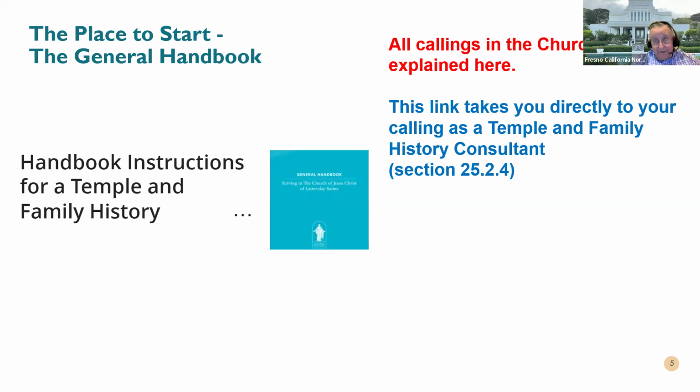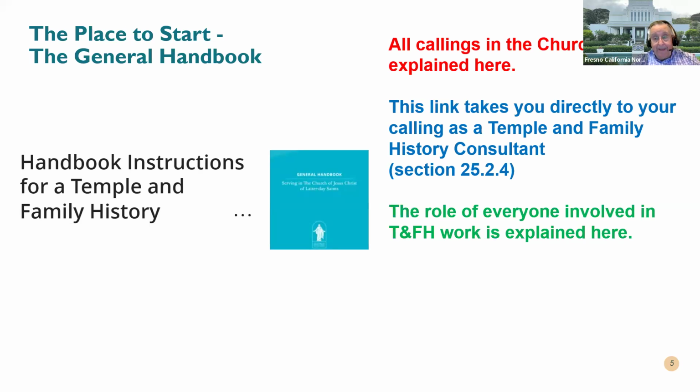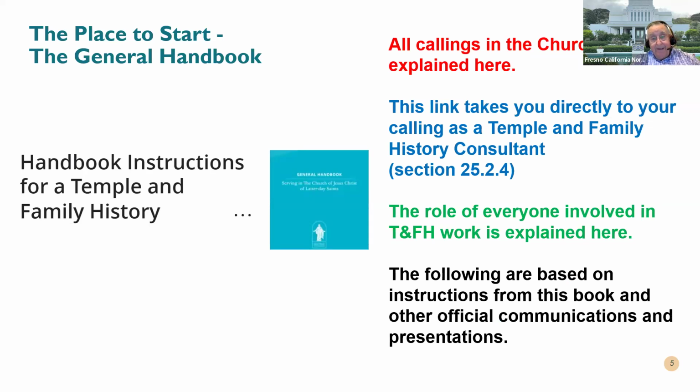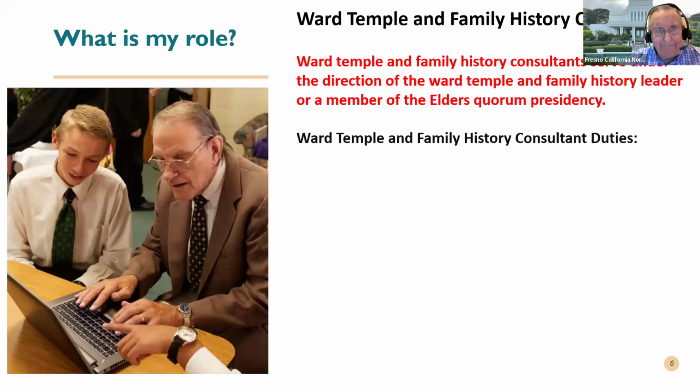This link, like I said, takes you to the Temple and Family History Consultant section, 25.2.4, where the role of everyone involved in temple and family history work is explained. And the following slides are actually taken from there, along with one image you're going to see on the next slide that came from the priesthood instruction maybe 3 years ago at Rootstech. Or not this one, but the following slide.